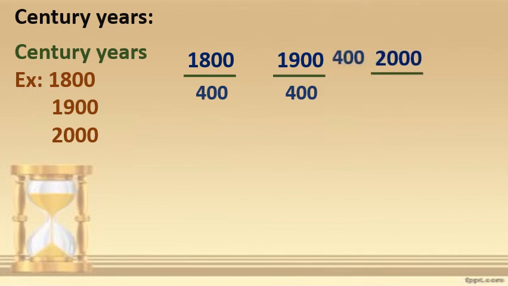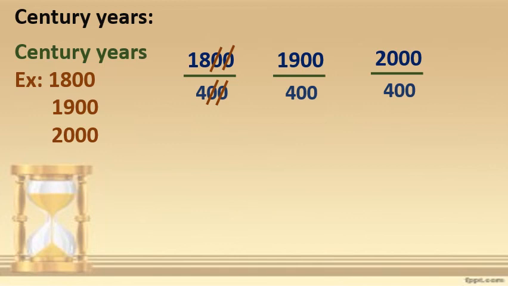2000 divided by 400. Now you know that 0, 0 we can cancel from numerator and denominator, isn't it? So I will cancel 0, 0. Here also 0, 0. Now go through the 4's table. Now what remained here? 18 divided by 4. 4 1s are 4, 4 2s are 8, 4 3s are 12, 4 4s are 16.